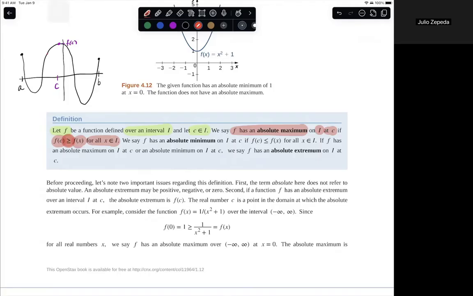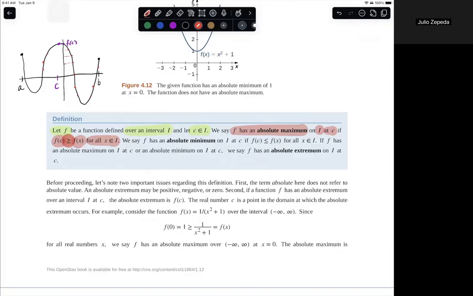No matter which point you pick on this graph, the y value will be less than or equal to f of c. And we can see a couple of them. Here are the y values. We can see that they're lower than f of c.